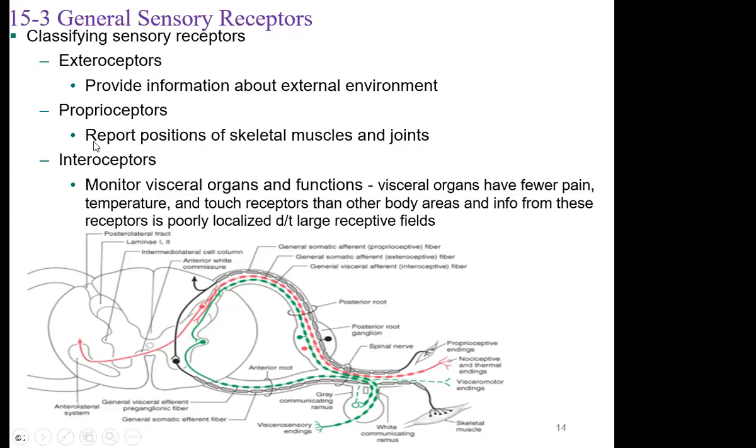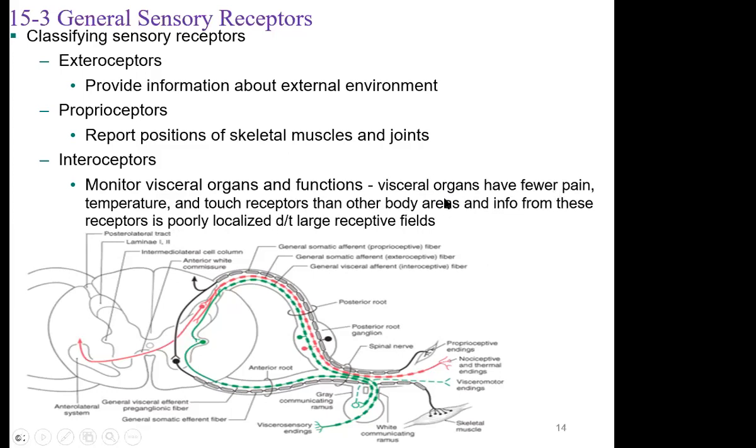The entero, again, is internal. So our visceral organs will have fewer pain, temperature, and touch receptors than other body areas, and the information from these receptors is poorly localized due to very large receptive fields. I'm going to talk about receptive fields in just a minute. So just underline this: your visceral organs, poorly localized, large receptive fields.